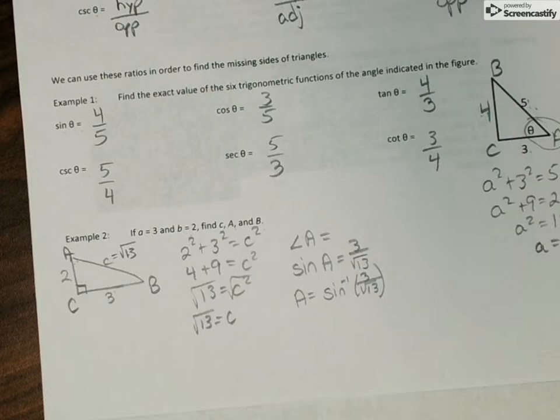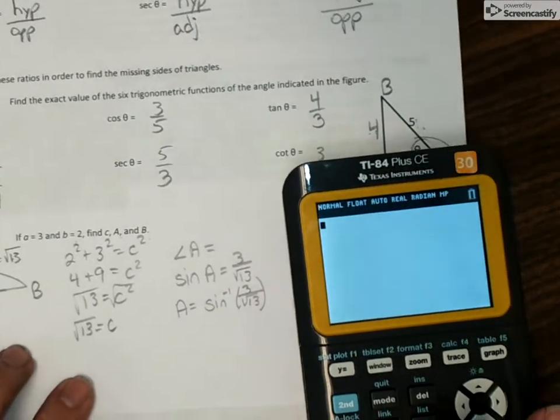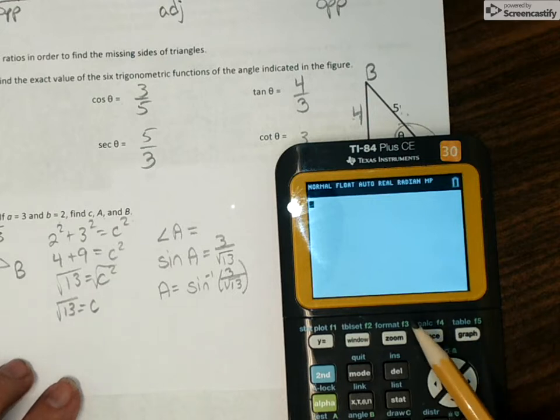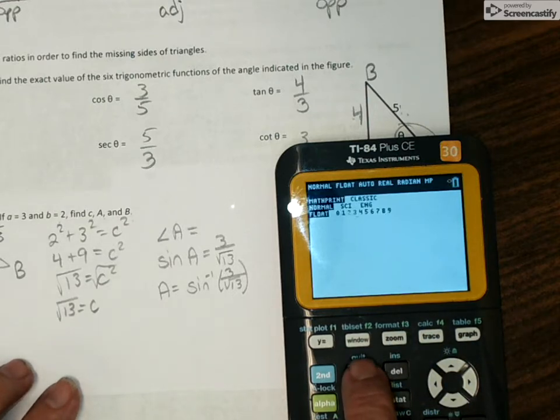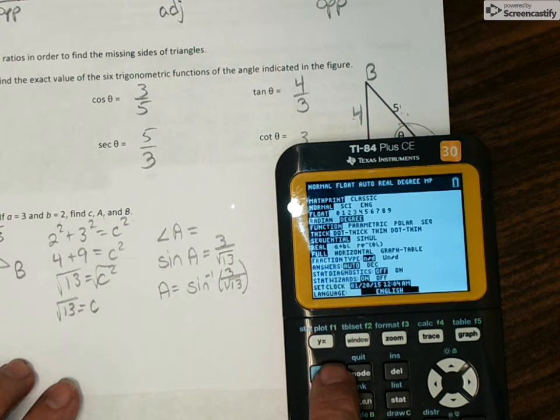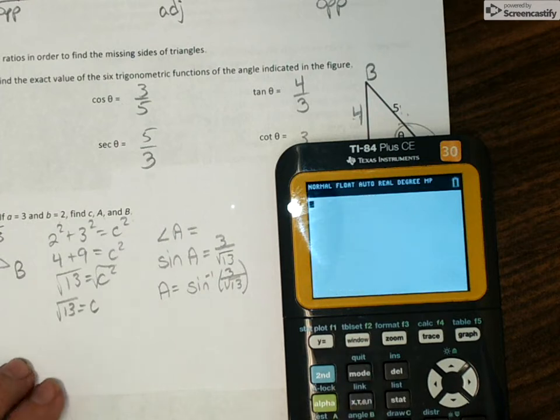I'm going to have to use my calculator to do this. And the very first thing we should do on the calculator is make sure that we are in degrees, not radians. Because our calculator, if you go to mode, notice down here, that third line, radian is highlighted. We need to switch over to degree and hit enter. We want our answers in degrees. So then quit.